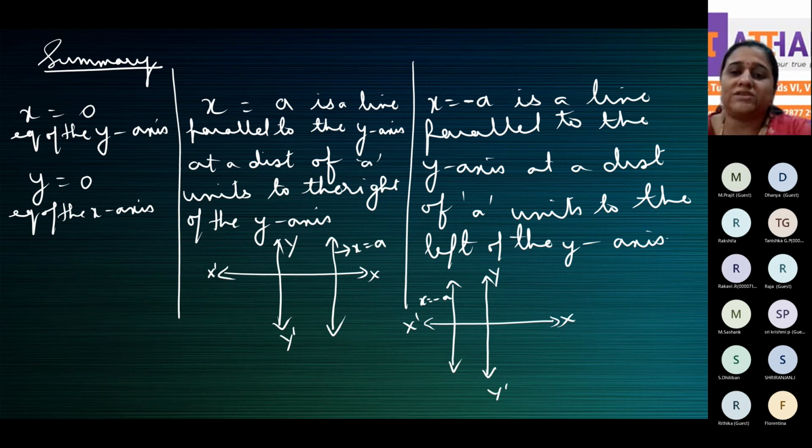So x is equal to minus a is the line parallel to the y-axis at a distance of a units to the left of the y-axis, because plus a is the right of the y-axis.